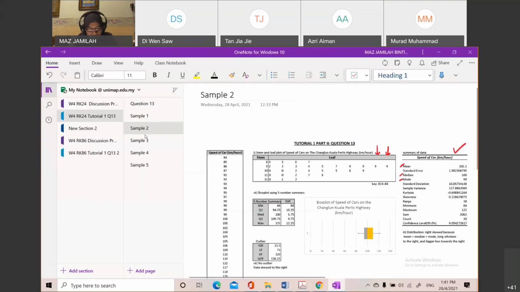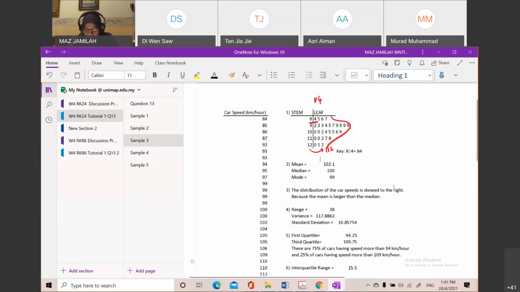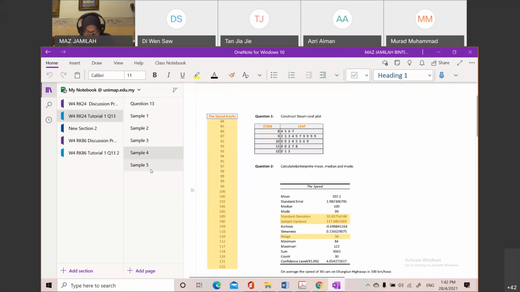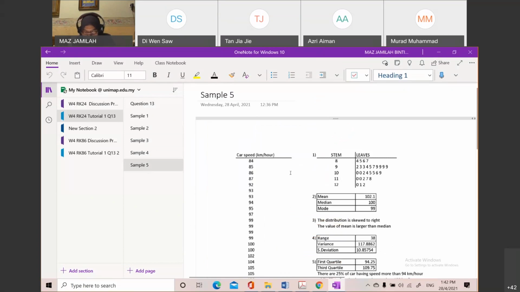For the third sample, I'm not sure how this student calculated, but since the answer is directly from the first question, I believe he used the plot, or he may have used Excel as well. But it's okay. Question number 2 also used Excel. Sample number 5 also used Excel.